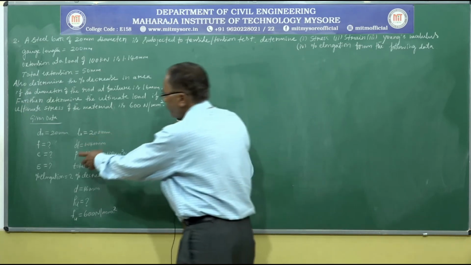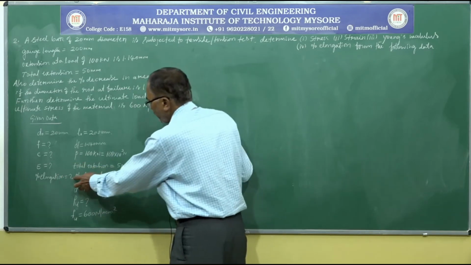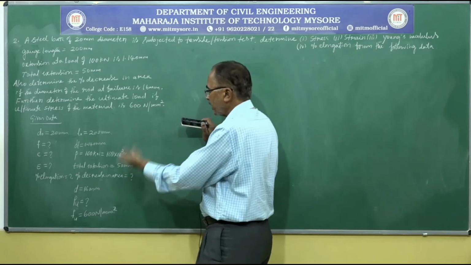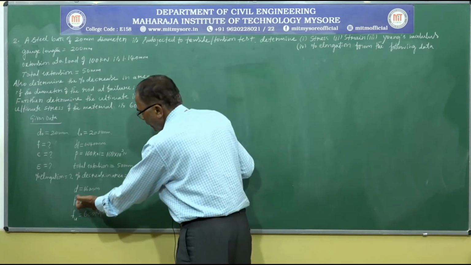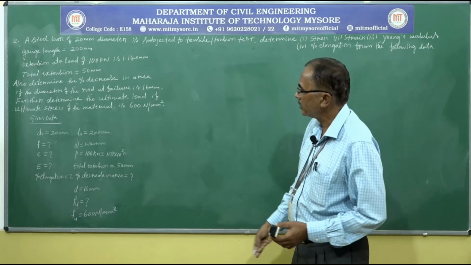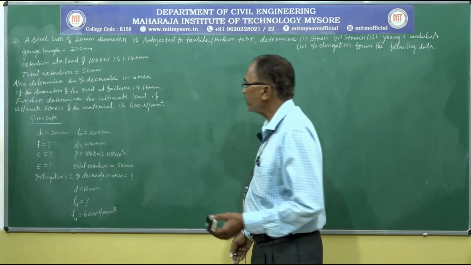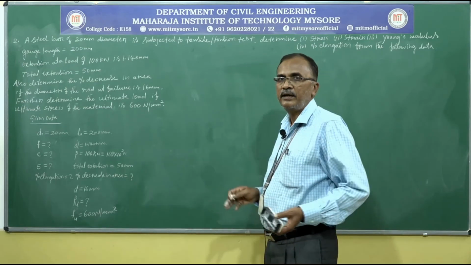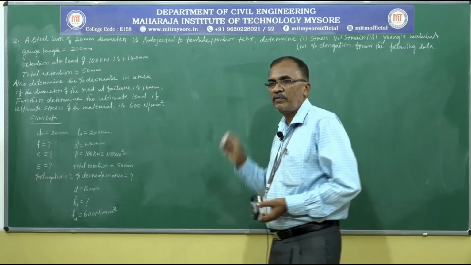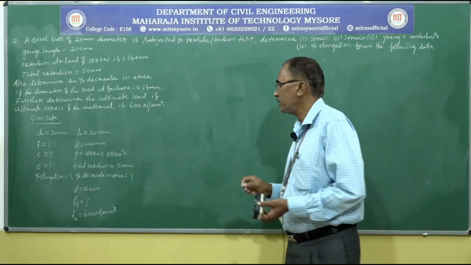We are asked to calculate stress, strain, Young's modulus, then percentage of elongation, then percentage of reduction in cross-sectional area, then the ultimate load. To calculate stress and ultimate load, we need the cross-sectional area. We need both the original cross-sectional area and the final cross-sectional area.